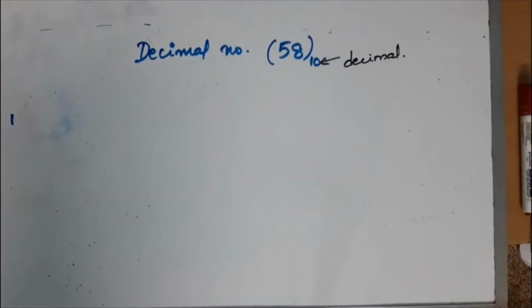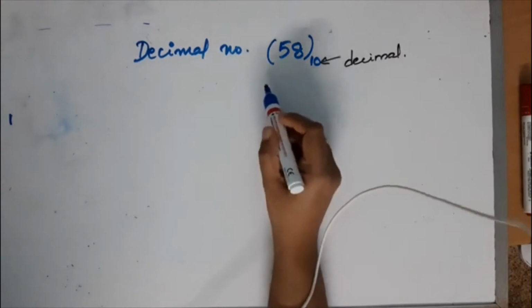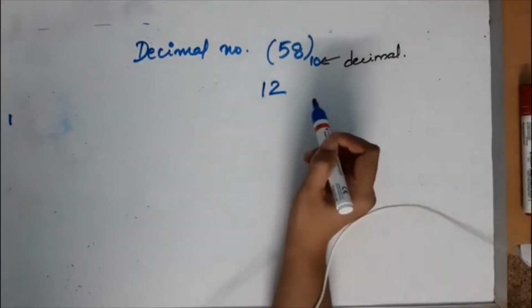So always remember to write the base, especially in the first module, when we will be dealing with different types of number systems. We should talk about different bases. Suppose you are writing 12.